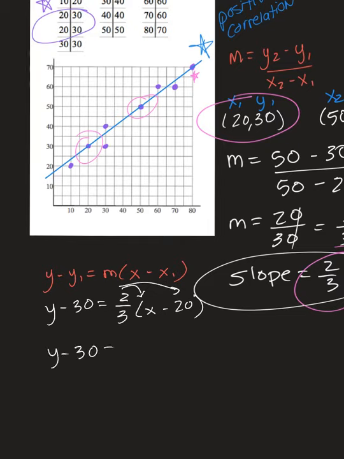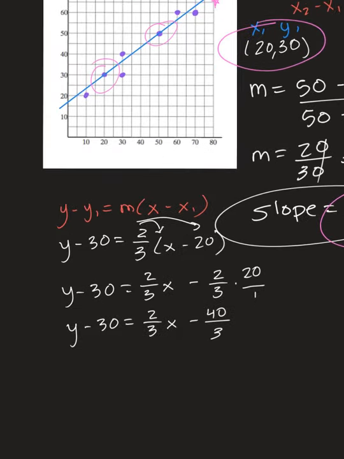So y minus 30 is equal to 2/3 x minus 2/3 times 20. When we multiply a fraction by a number, we put that number over 1, and then we can just multiply straight across. So 2 times 20 is 40, over 3 times 1 is 3. And that fraction doesn't simplify, so we can just leave it as 40 over 3.